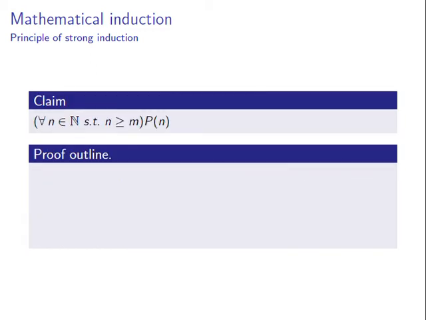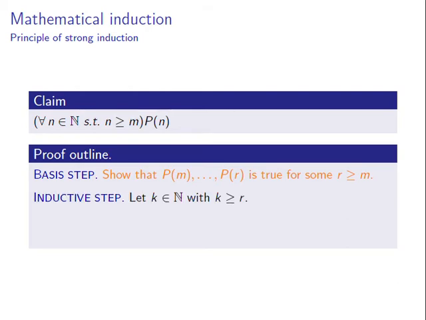To prove using the generalized PSI that a predicate P holds for all natural numbers greater than or equal to m, we need to verify in the basis step that P holds for all natural numbers from m to some natural number r. The choice of the number r depends on the arguments used in the inductive step.